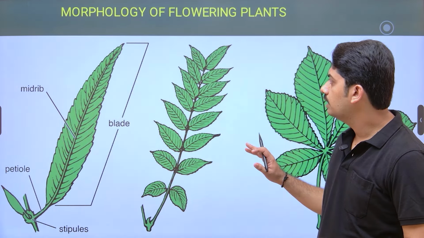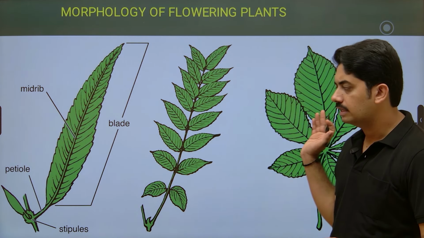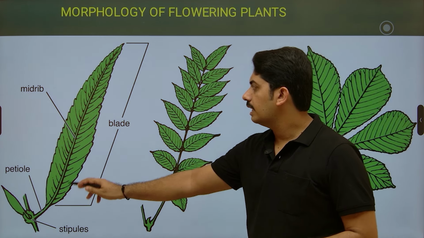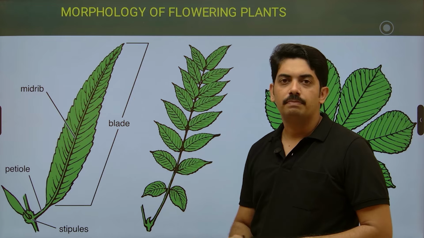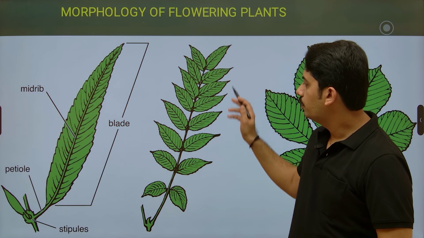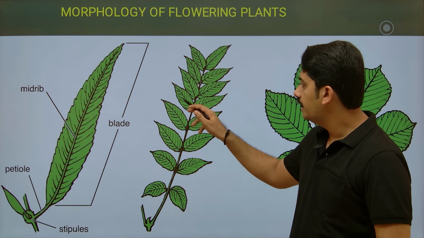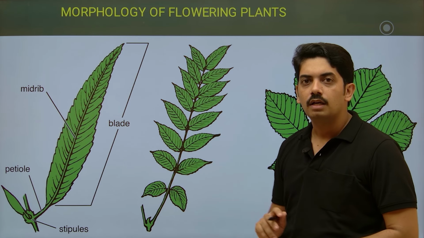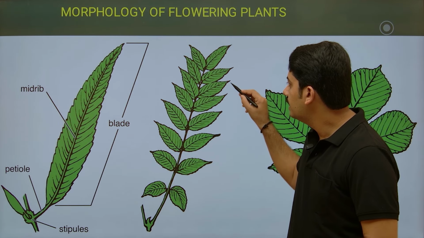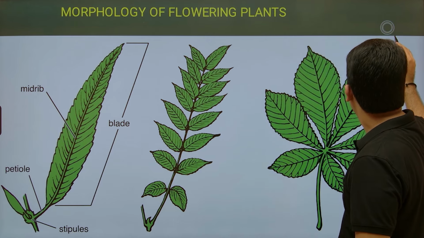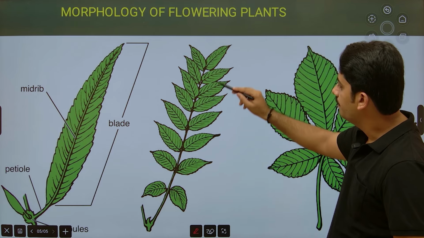Let me show you the picture. In this we can clarify that. So this is an example for simple leaf. This is compound leaf because this is one entire leaf. The incision of the blade is so deep that it touches the midrib, and these are considered as leaflets. One thing is very important here.